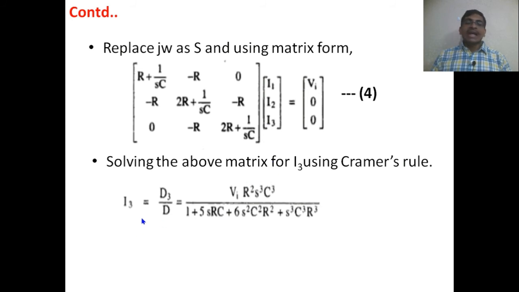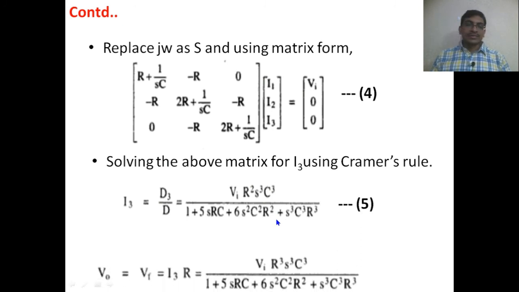After solving, I3 is equal to det 3 by D, which is equal to Vi into R squared S cubed C cubed divided by 1 plus 5 SRC plus 6 S squared C squared R squared plus S cubed C cubed R cubed. Which is equation number 5.